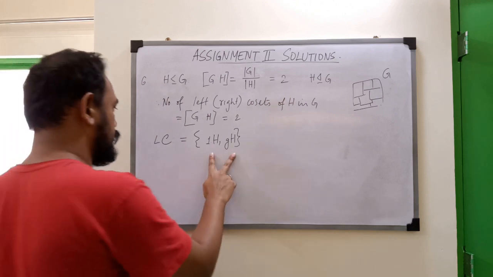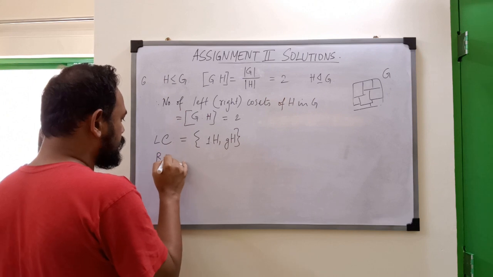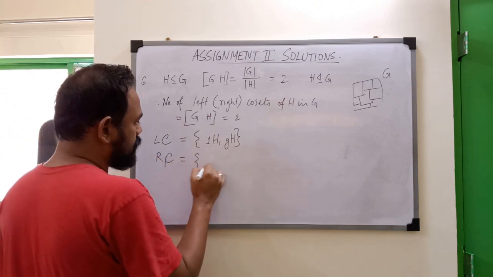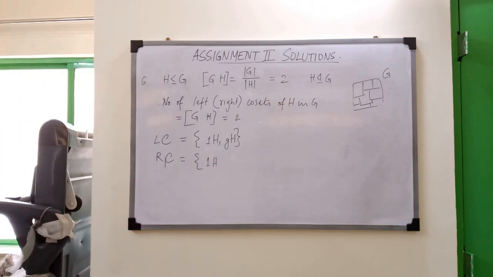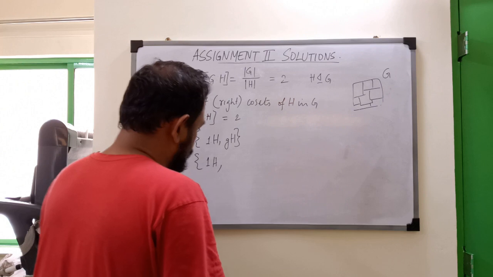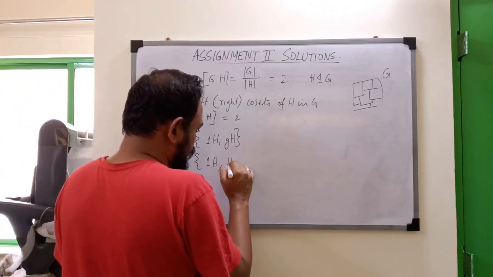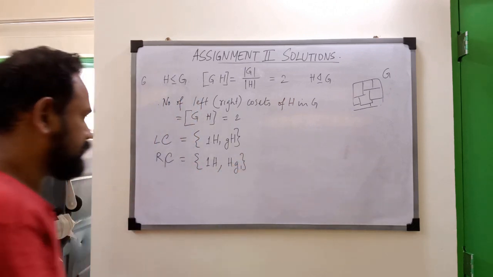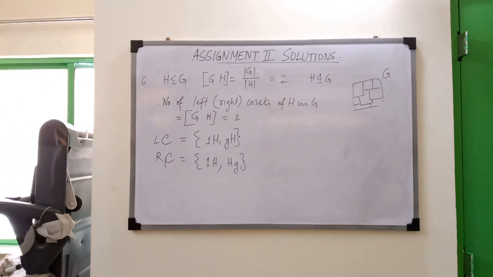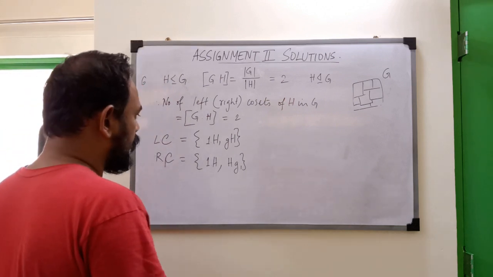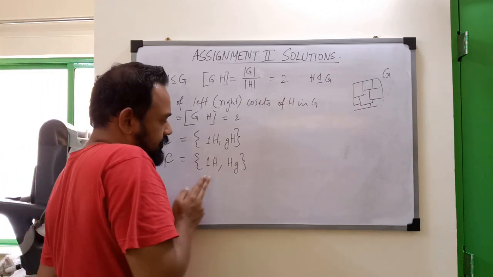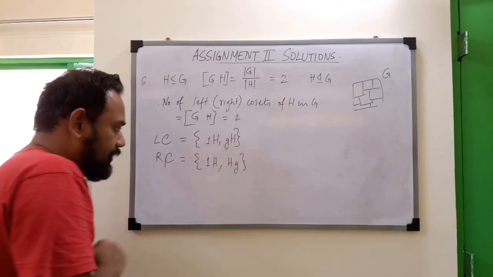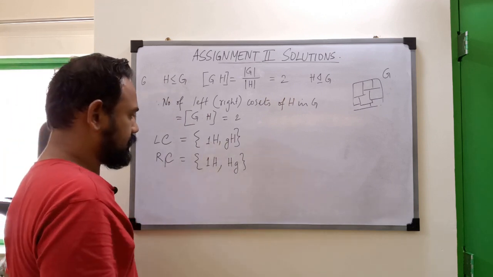So there would be two left cosets, and there would be 2 right cosets. So Hg1, for example. The question is, can Hg be the right coset which is not the identity coset, not H?